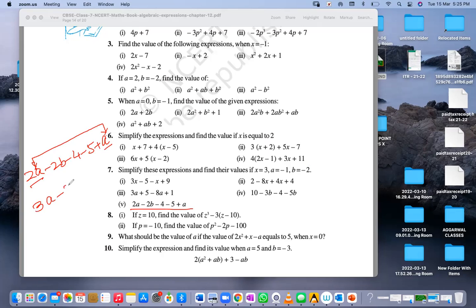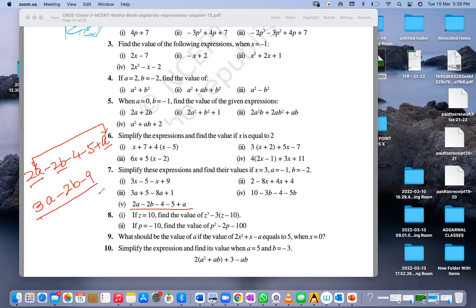Minus 2b has no like terms, and -5 minus 4 when added gives -9. So we are doing just like integers only, but putting some algebraic literals, right? Now no further simplification is possible here.